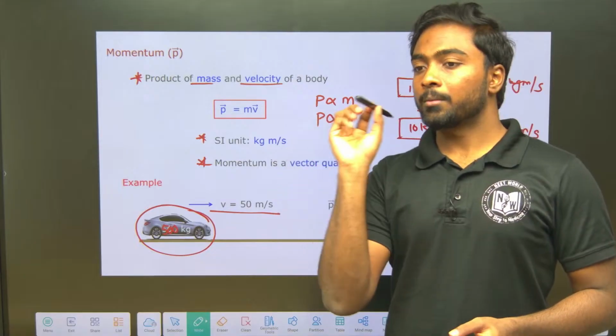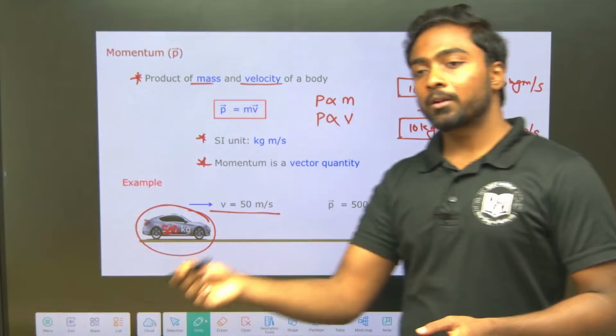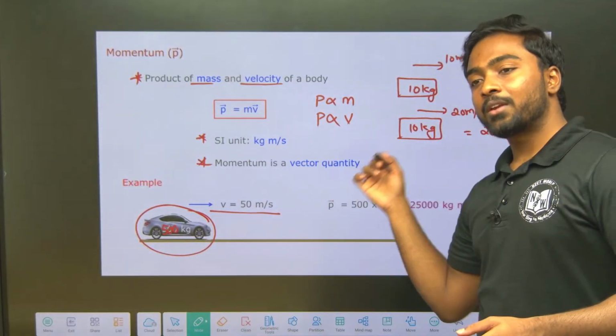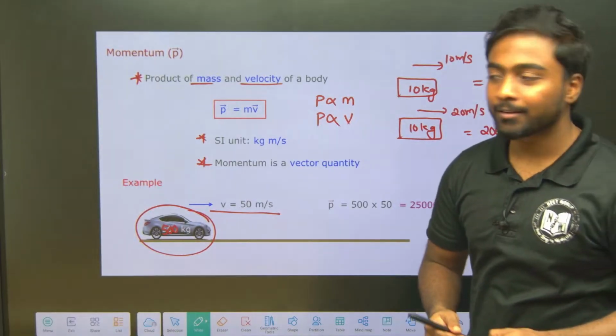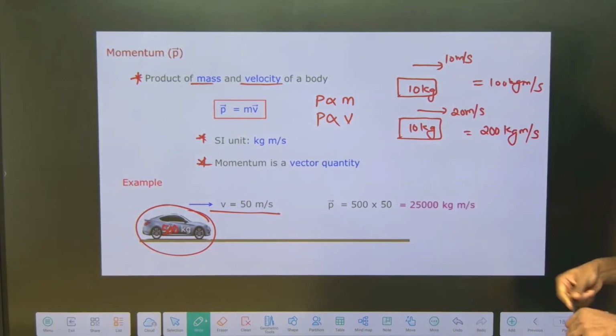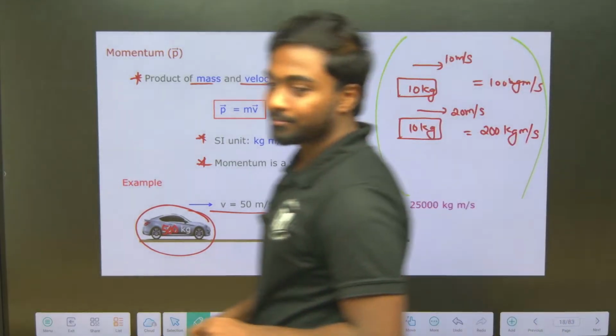If I throw this object with some velocity u, it will go and hit a person. But if I throw it with a higher velocity, u plus v, it will hit the person with a higher impact. Don't try that, don't hit the person, fine.